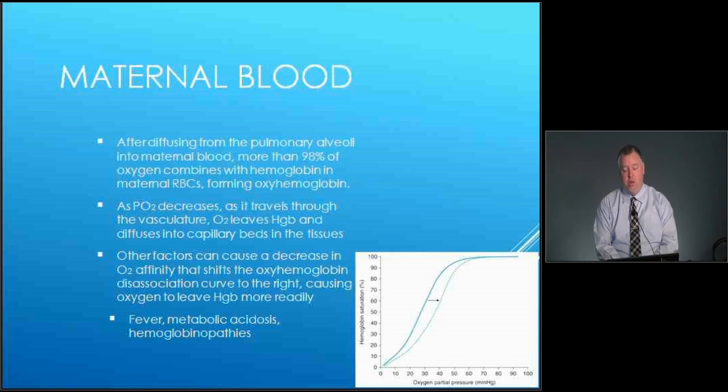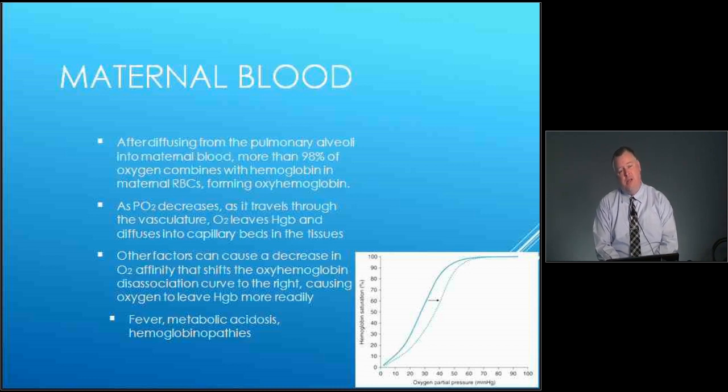So we can see that normally at a PO2 as low as 40, we're still getting a 90% saturation rate. And so that is going to really allow that oxygen to travel to where it needs to go.